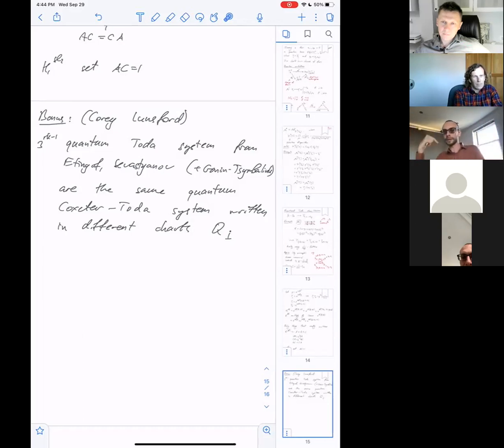Now, another thing that cluster transformations can do, and that would make sense in this respect, is they can generate this thing called discrete dynamics on the Toda system, or people also call it the discrete Q-system and so on. So this is also part of the cluster data. That, of course, again doesn't do anything to Hamiltonians because they commute, but it's still another part of the same story, right?